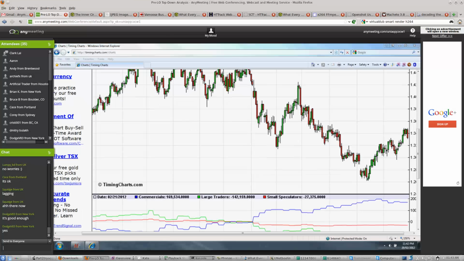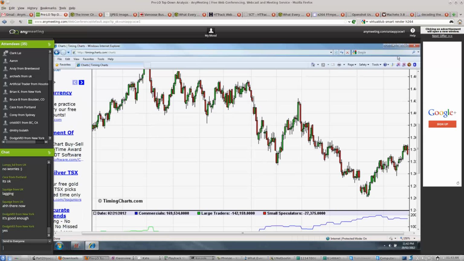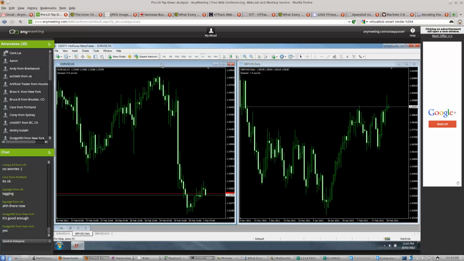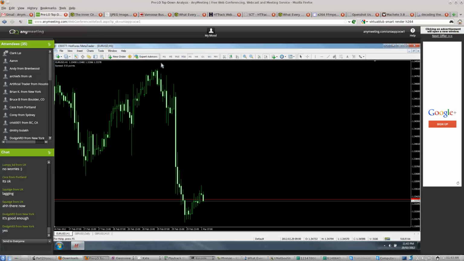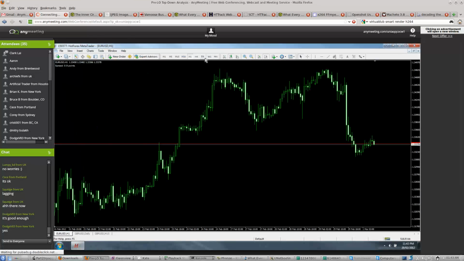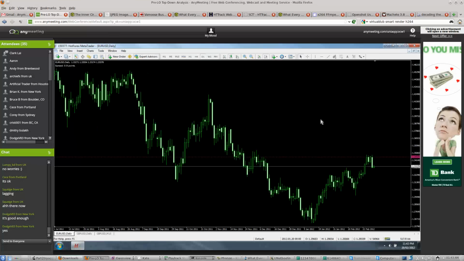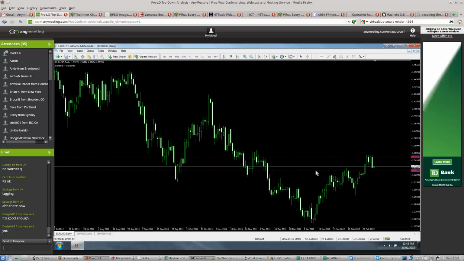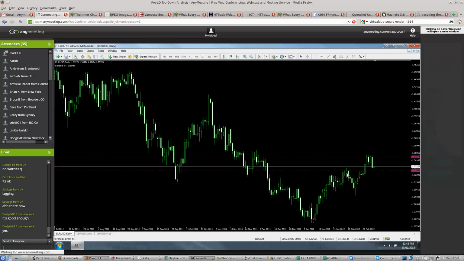Okay, so that's really the fundamental, I guess. So now I'll start looking into the fiber. So we're looking at a daily US dollar. What I could do first is start noting support and resistance levels, just roughly. It doesn't have to be as accurate as you can possibly get it, just get it rough.